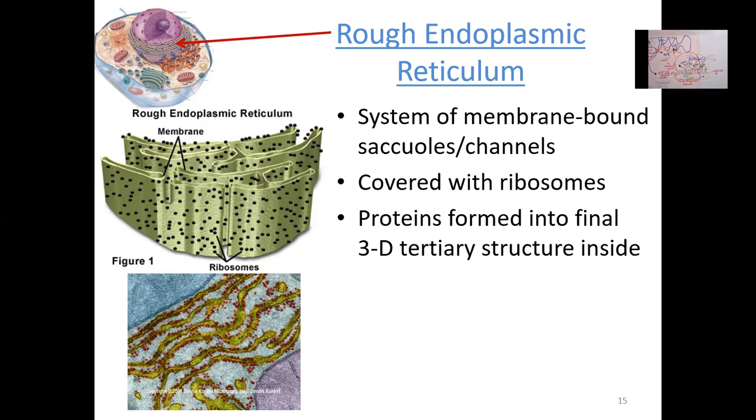This is the formation of the secondary and tertiary structure. So let me add this here. Step number 4 is happening in the rough endoplasmic reticulum. We have folding into the secondary and tertiary shape, right, or structure. Secondary and tertiary.